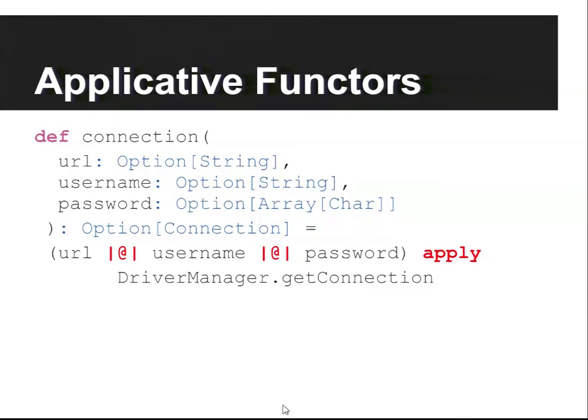Anyway, I can take the URL, the username, and the password and group them together and apply the DriverManager.getConnection method. If you remember, DriverManager.getConnection takes a URL string, a username string, and a password string, and returns a connection. So with this little funny @ and apply, I'm grabbing out the underlying values and passing them to that method.